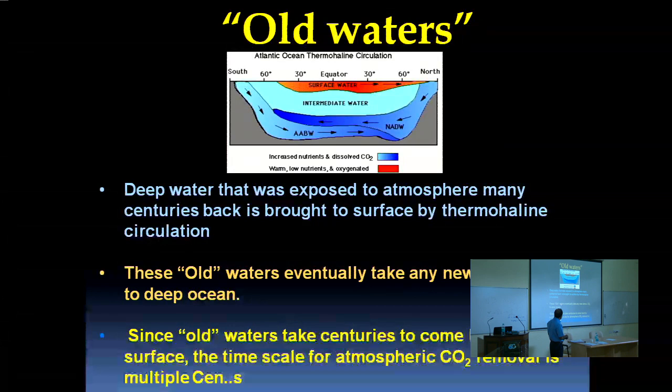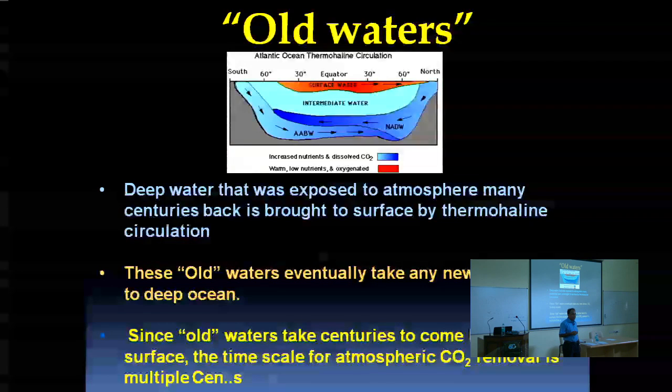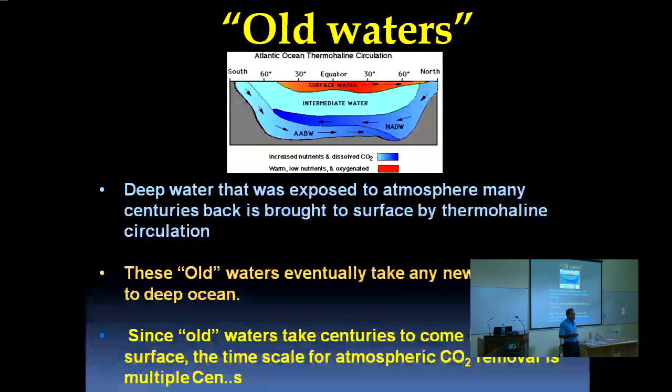These old waters will eventually take up new atmospheric CO2 because they are not equilibrated with current CO2. They were equilibrated with a lower concentration of CO2, so they can take more CO2. Since old waters take centuries to come back to the surface, the time scale for this type of CO2 removal is multiple centuries.